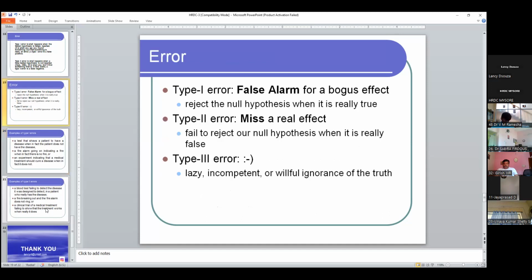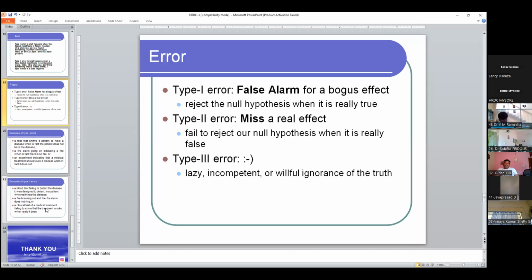And there is a type 3 error. This is from the researcher side. A lazy researcher who doesn't want to collect the data just collects the data by other means. It is incompetence or willful ignorance of the truth. Some researchers remove the data which they know, if added, will not give the desired results.